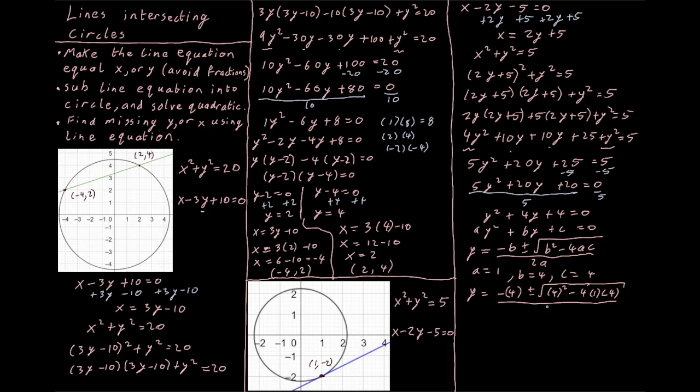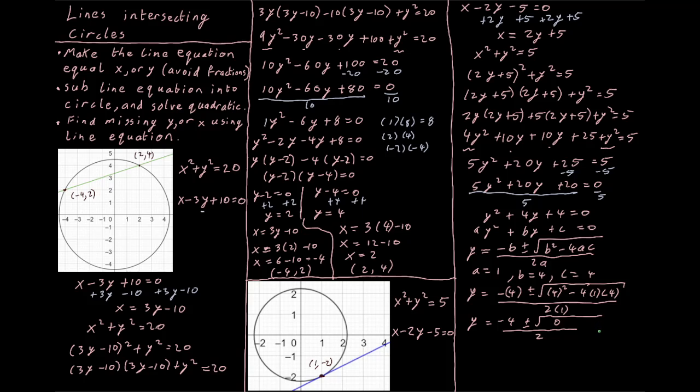And something a bit unusual happens when using our minus b formula. We get y is equal to minus 4 plus or minus the square root of, when you put all of this into your calculator, you actually get 0. So when we get a repeated root, there's only going to be one solution that comes out of this formula, because plus or minus 0 doesn't do anything.